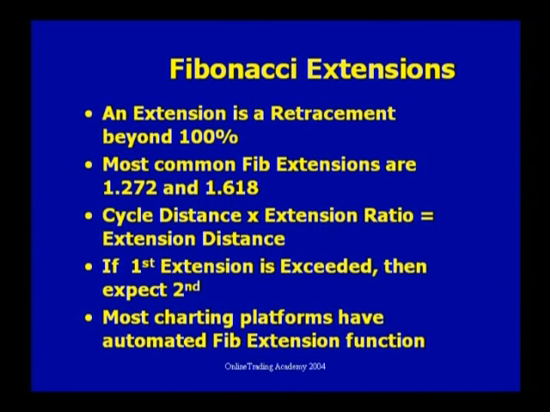Now we also have extensions, okay? Fibonacci extension. An extension is simply bigger than 100% retracement. And we've kind of got one here on the board almost already, but let's clean it up. Price came down and it retraced.